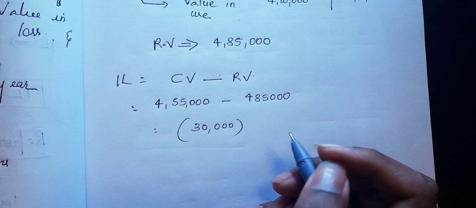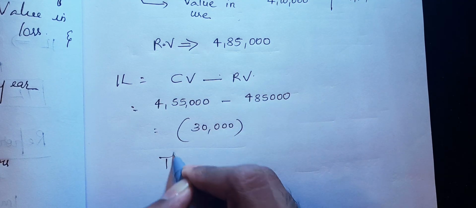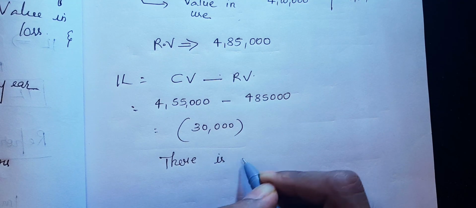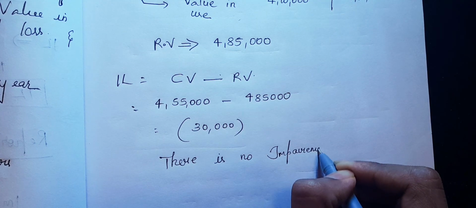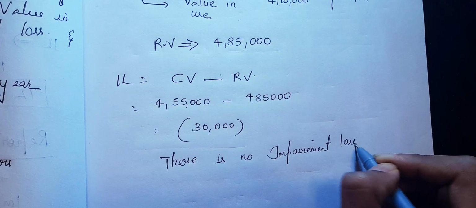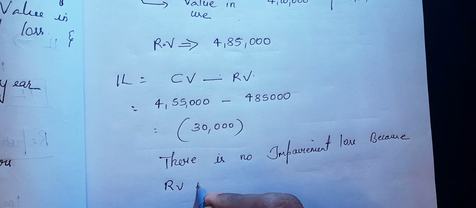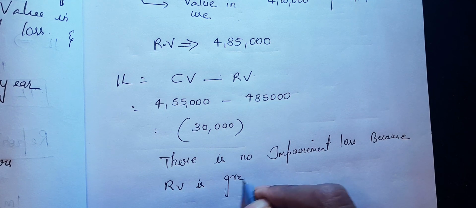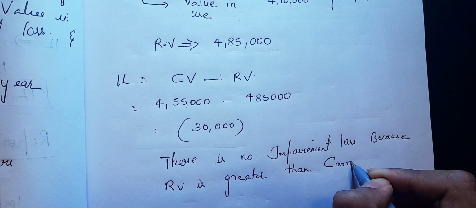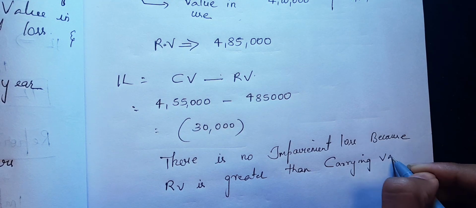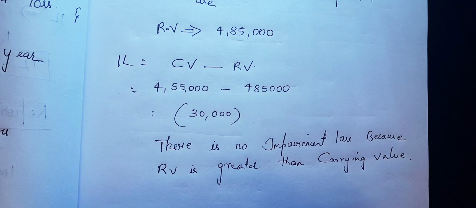So when you get a negative balance, that means there is no impairment loss, because recoverable value is greater than carrying value. Recoverable value is greater than carrying value, so there is no impairment loss.